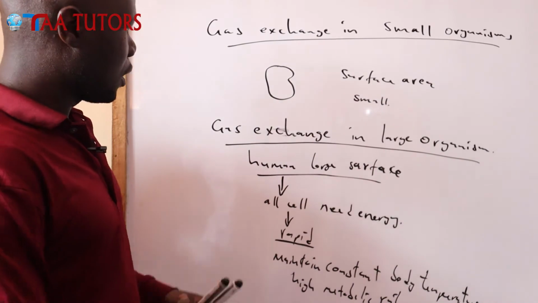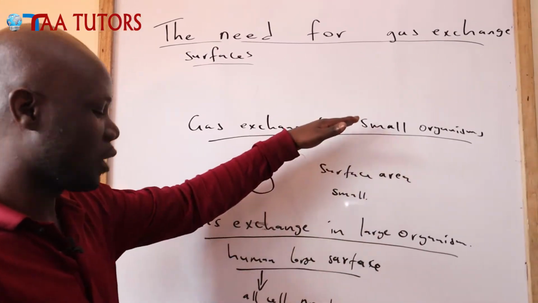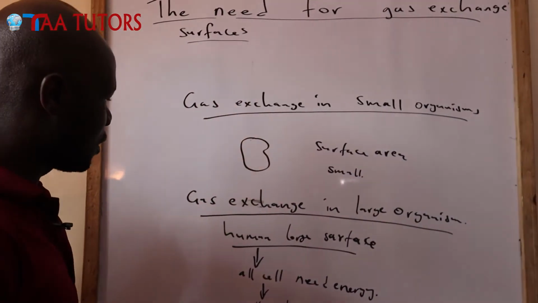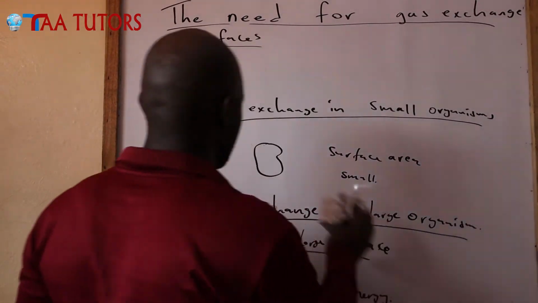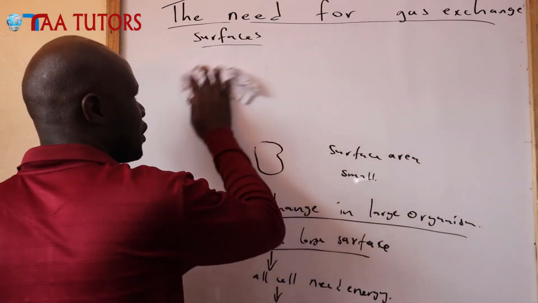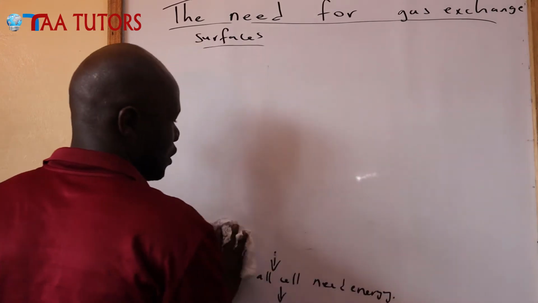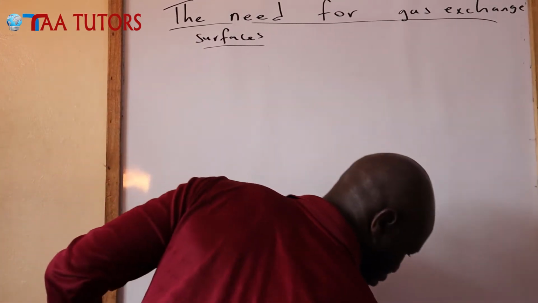Now, after looking at the need for the surface area in the two different organisms, I want us to look at the properties of the gas exchange system, especially in the large organism. How should the gas exchange system membranes look? What are the things that they should have in common so that we see how effective the process can be in the organism? That is one thing that we should be understanding.